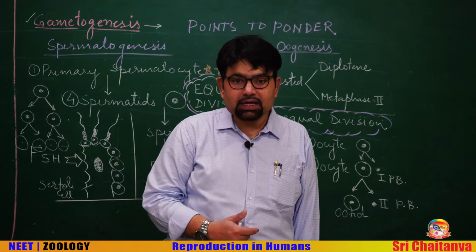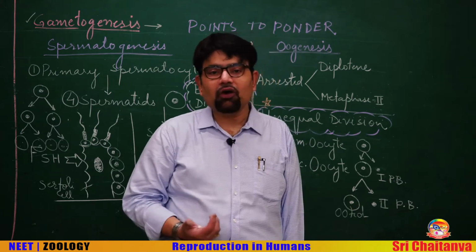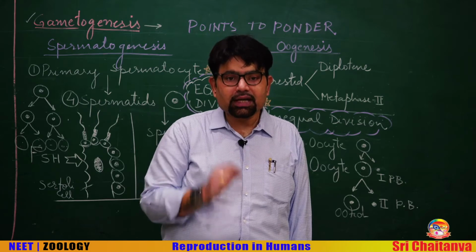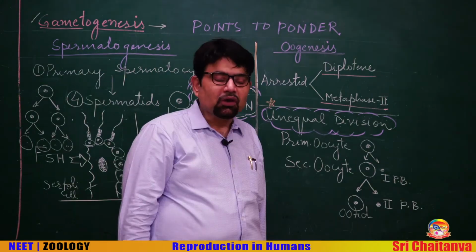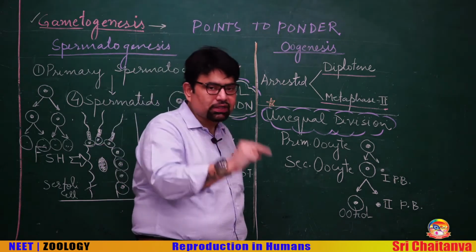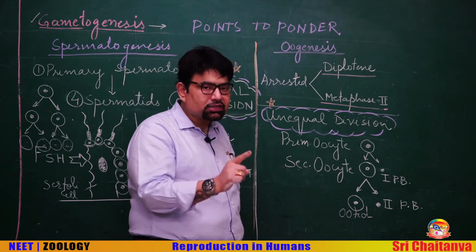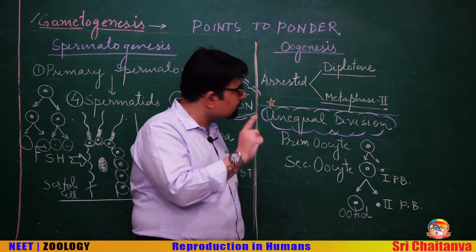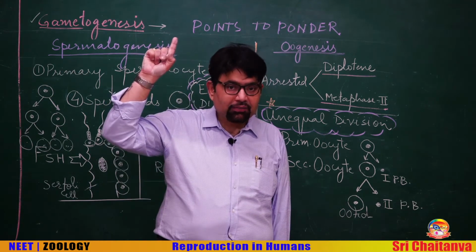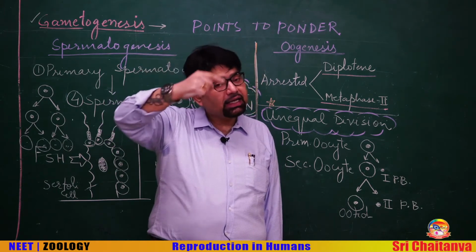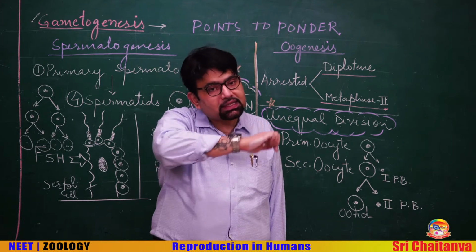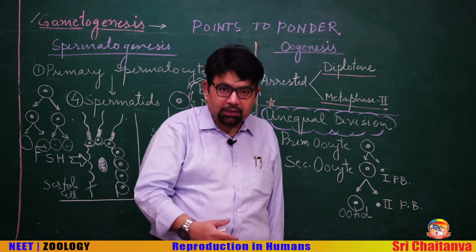If a question comes like how many cells are required to form 30 sperms, you can calculate similarly. Also note down that there are 2 arrests in oogenesis. The first arrest takes place at diplotene during embryonic life, and it remains in this stage, in status quo, till birth.